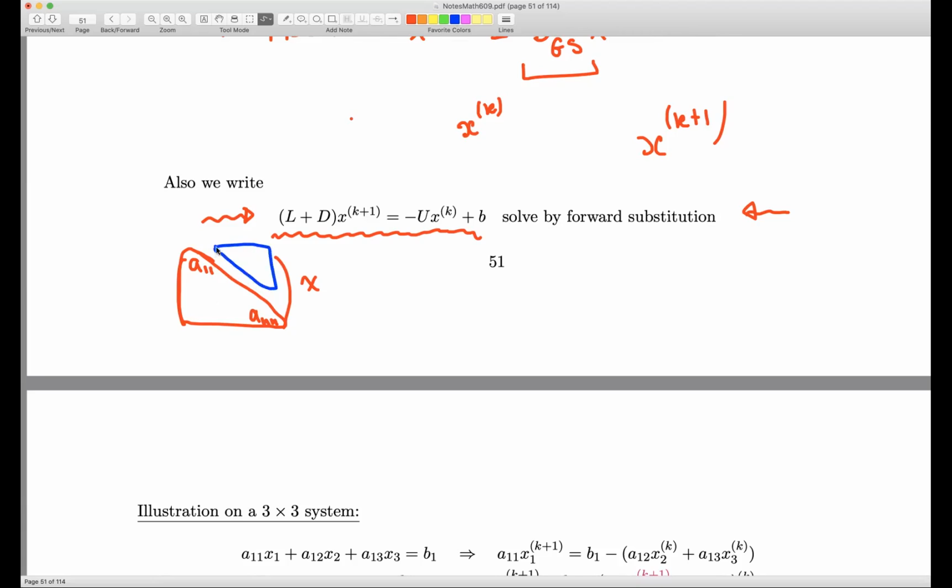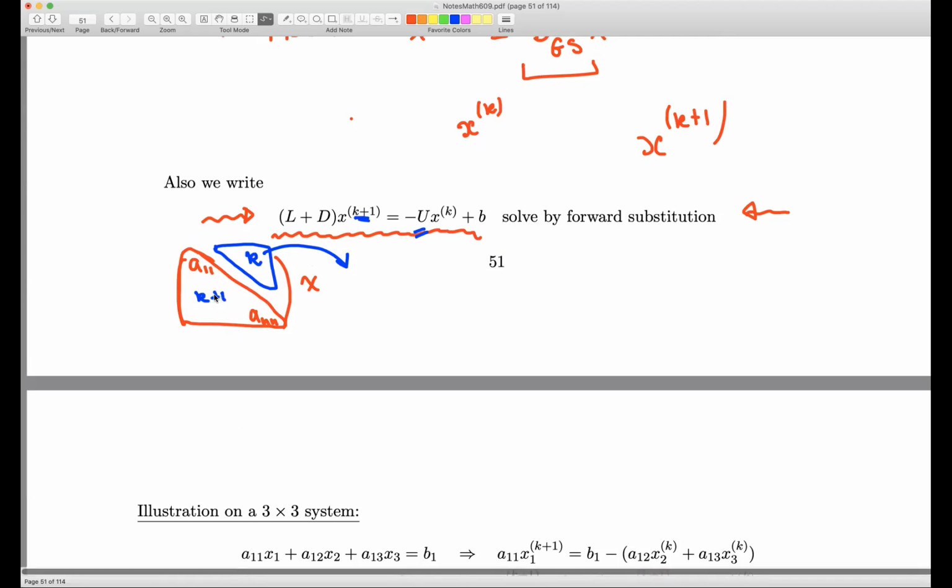And you see that U goes on the other side with an index k. So everything that is above the main diagonal is associated with an index k, and then it will move to the right. And all the x's that are associated with a's in this red triangle, on the main diagonal and below it, will be associated with an upper index k plus 1.